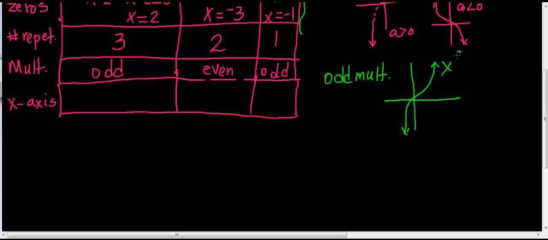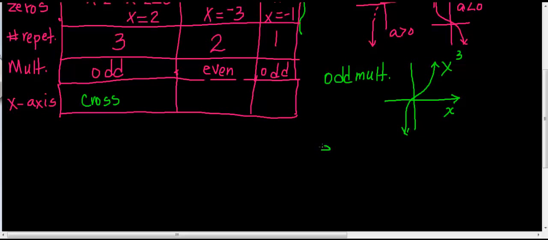This is x cubed. So when I have odd multiplicity, I think of x cubed. Why? Because thinking of that graph reminds me that this graph crosses the x-axis at its 0. So odd multiplicity means that this graph will cross the x-axis at this 0, x equals 2.